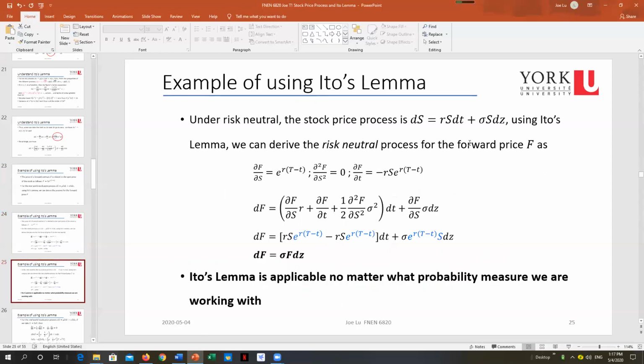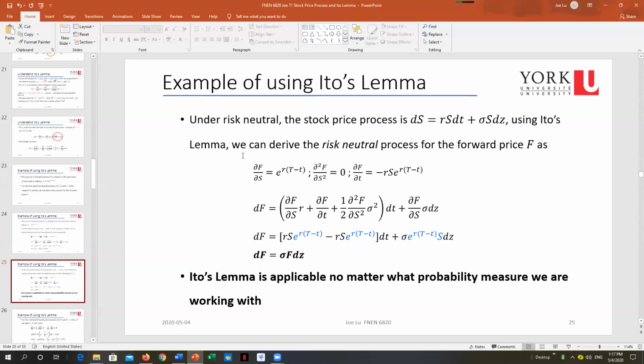And then obviously, there's a risk neutral world which you use for pricing, and how you connect the risk neutral and the real world is the subject of another video later on. Now, in the risk neutral process, we change mu to r.